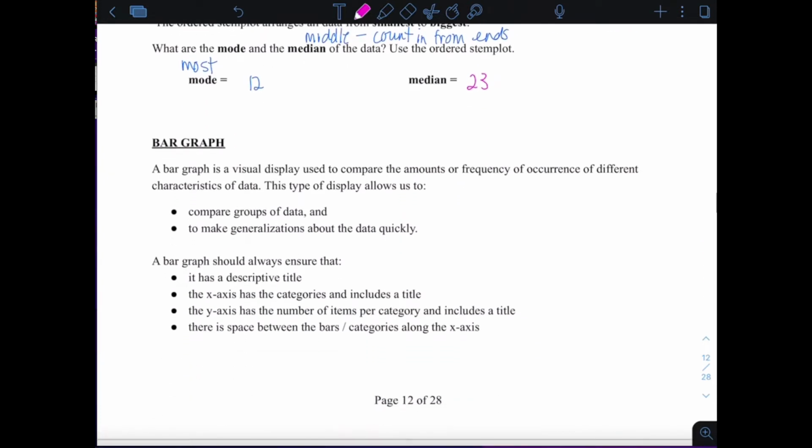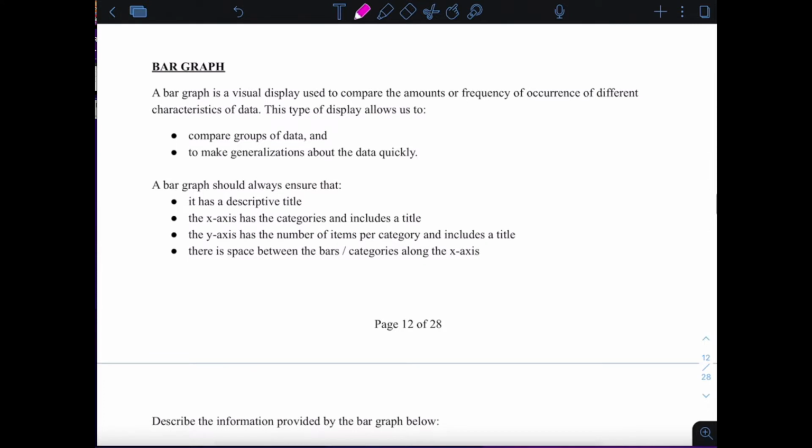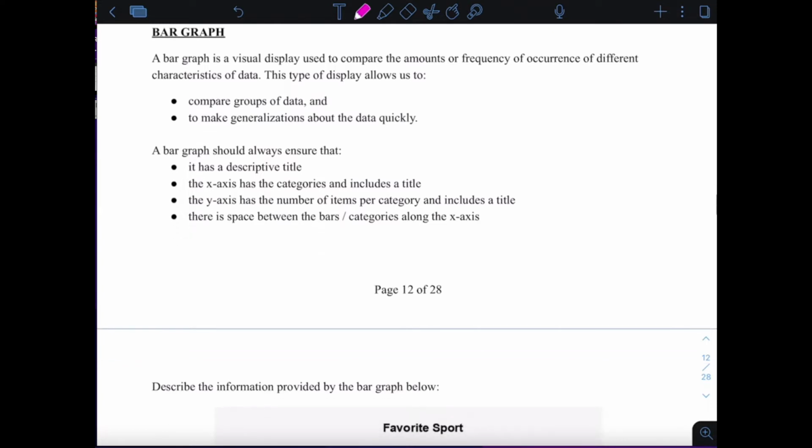All right, let's move on to a bar chart or a bar graph. I'm not going to spend too much time on this because I think you've seen this before. It's a visual display, and it's good to use if you're comparing amounts or frequencies of data. So it's used to compare things easily and to make generalizations about the data very quickly.